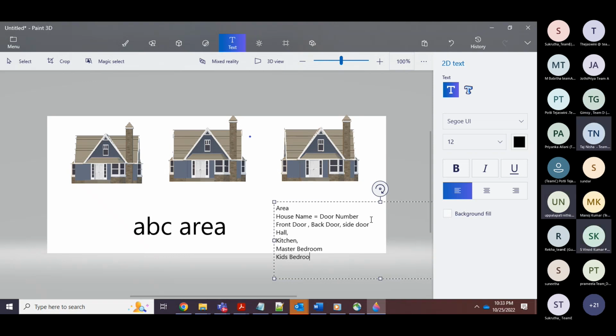Okay. Now we'll talk a little bit about things inside this house. For example, TV, furniture, TV or sofa. Is it accessible to everyone?